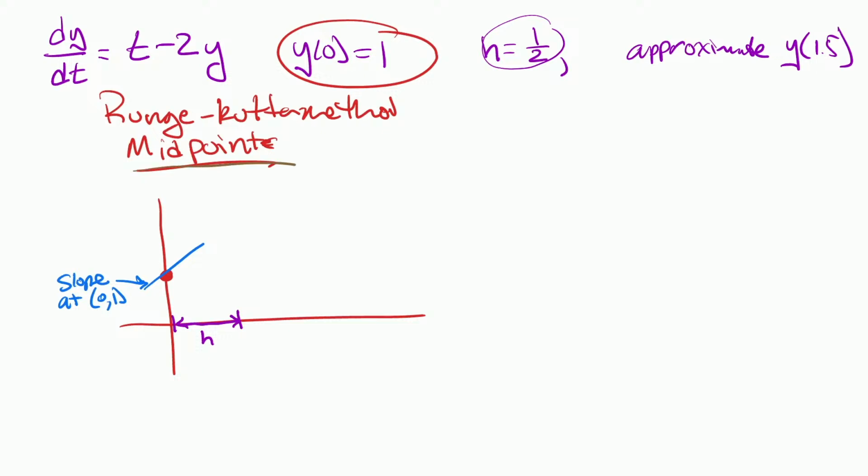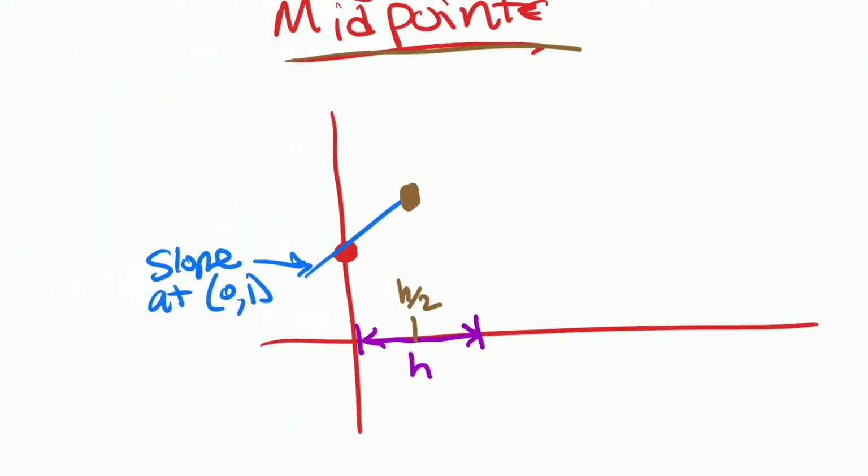So conceptually, this is actually quite simple. You go forward just a half step, and so here's a half step right here, h over 2. And you compute a new slope at that new point. So you've got this new point here, and you say, well, what's the slope there? And the slope is probably not going to be exactly the same as it was before, but it's probably going to be close. So you're like, well, it's probably like this. Let's just pretend. Probably isn't, but whatever. So this is the slope at the midpoint.